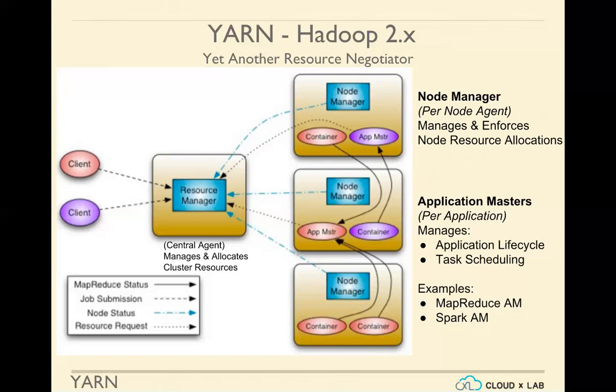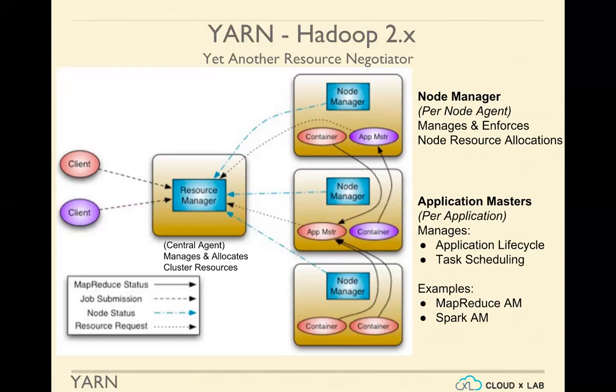The entry point for every application is the application master. It manages the application life cycle and takes care of task scheduling. For example, MapReduce application master or Spark application master.